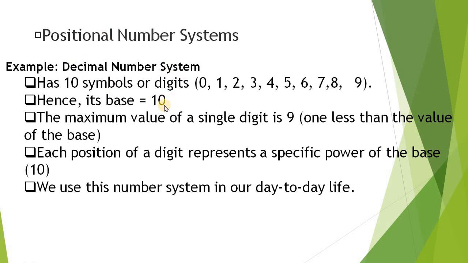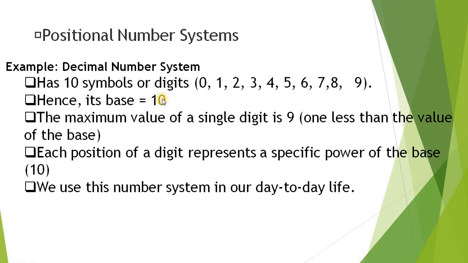In the example of the decimal number system where the base is 10, the smallest symbol will start with 0 and the largest symbol will be 1 less than the base. What is the base here? 10.